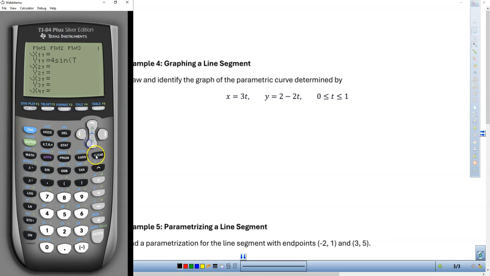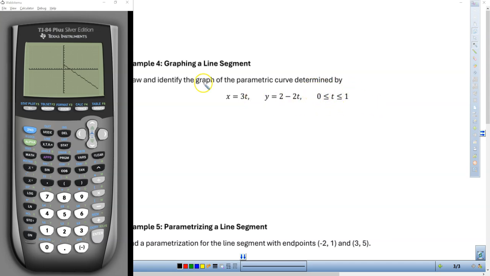And I'm going to go ahead and clear out my old functions. And so we have x is equal to 3t, y is equal to 2 minus 2t, and let's go ahead and give that a quick graph. Now this is indeed one that maps this, however, you notice our range is restricted here.